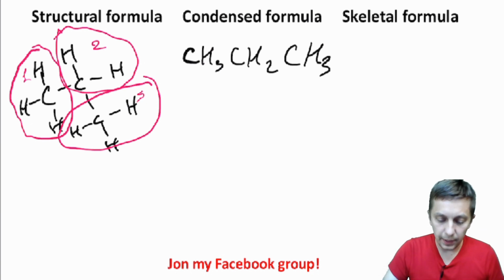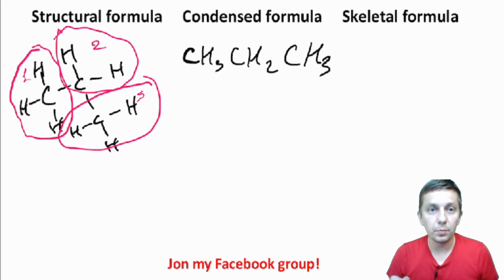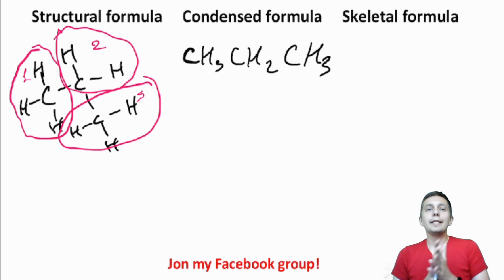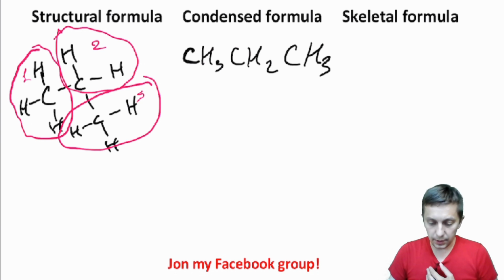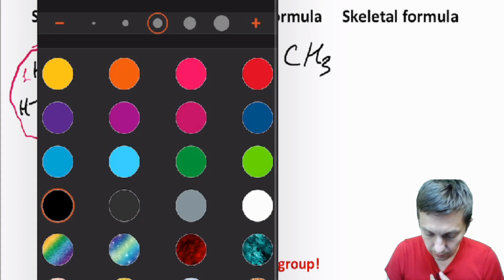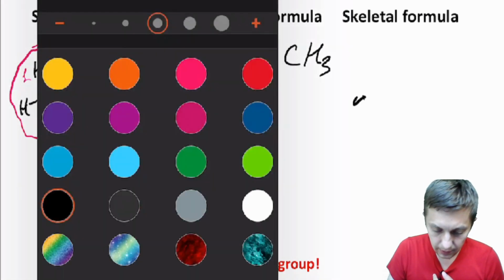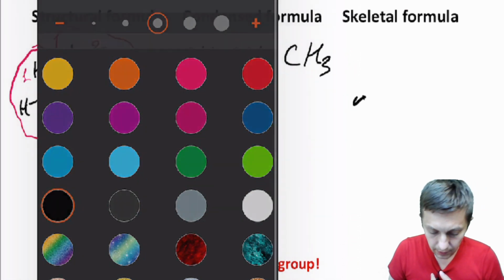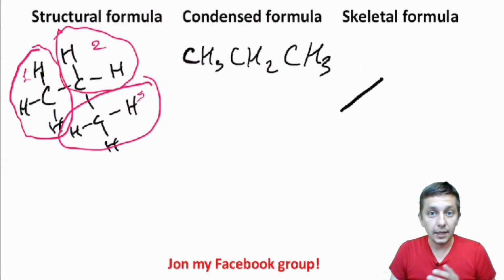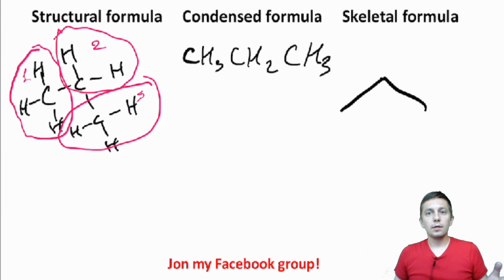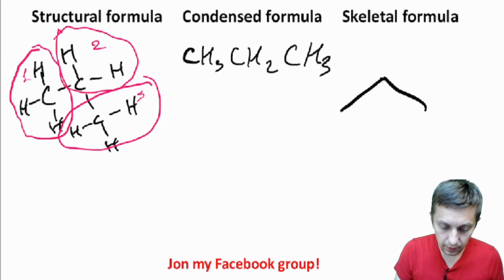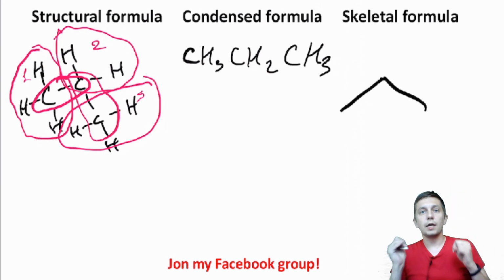The skeletal formula is a more compressed way. In the skeletal formula, we show only carbon-carbon bonds. We have only 2 carbon-carbon bonds, and each angle is a carbon atom.